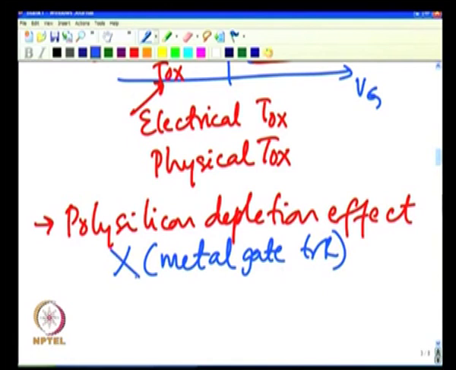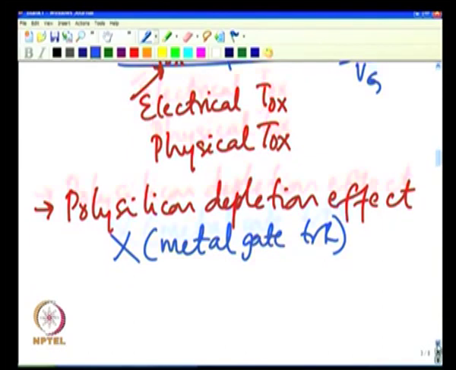It will be there only if your gate is polysilicon. Now, 45 nanometer and beyond, mostly we are using metal gate transistors, so this is a moot point in that case. The only thing that you worry about is channel charge quantization, which may affect your equivalent electrical oxide thickness because you have ultra thin oxides.